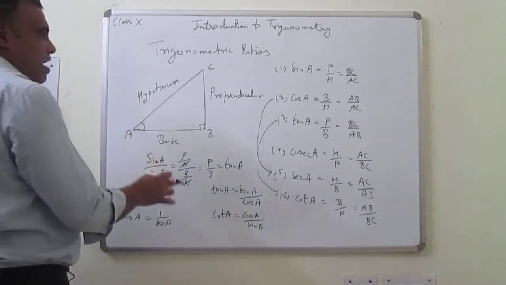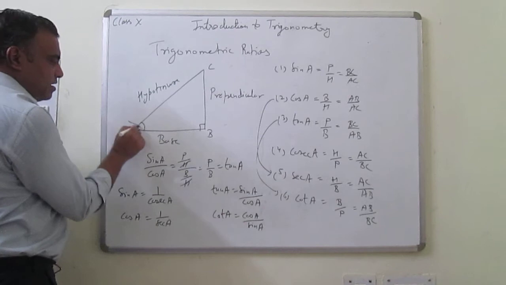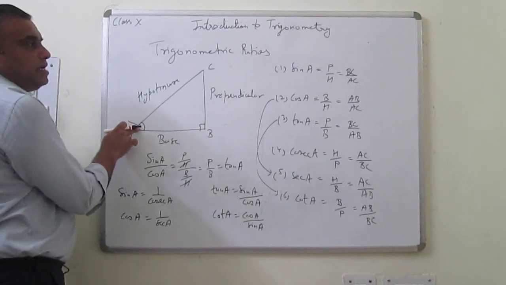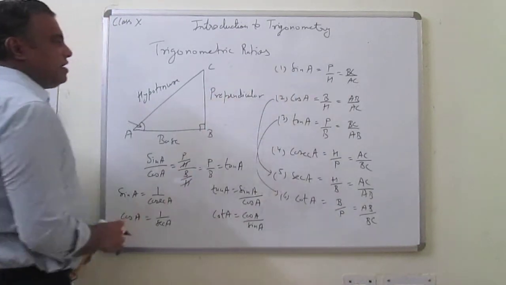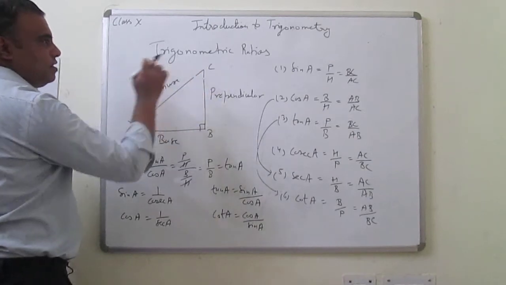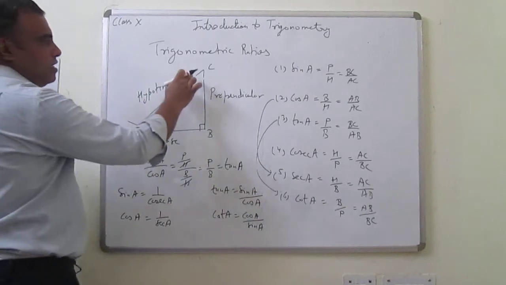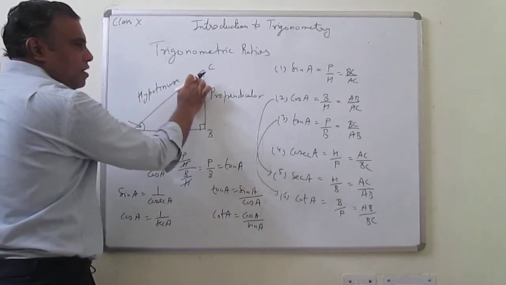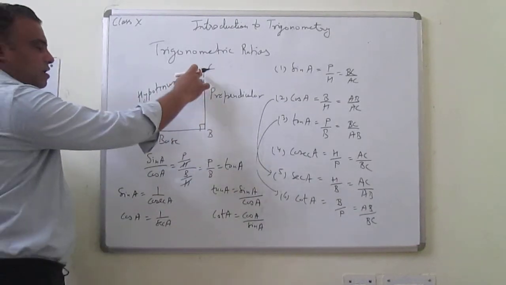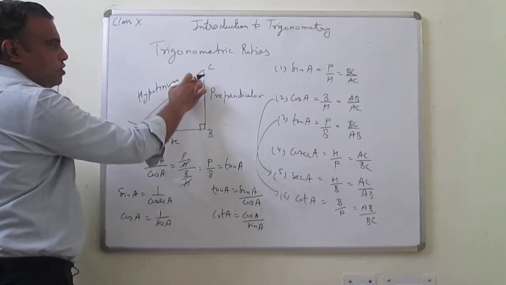Now I will change the angle. Here the angle is A. Now I will take angle C instead of A. Now if I take angle C, the perpendicular is changed. Perpendicular is the side opposite to the given angle.